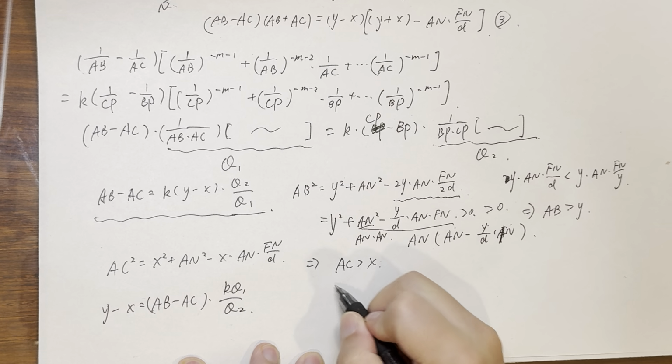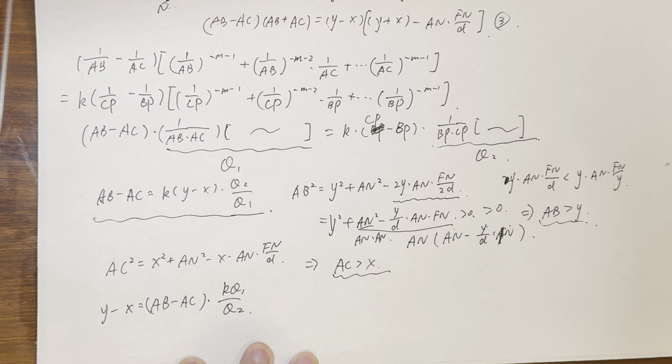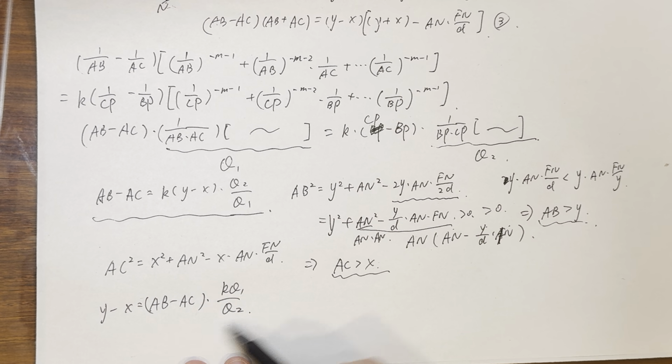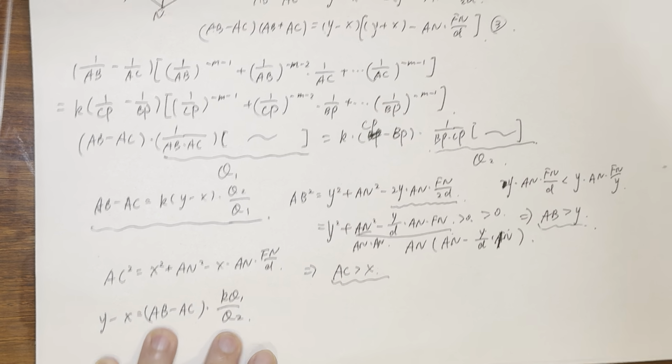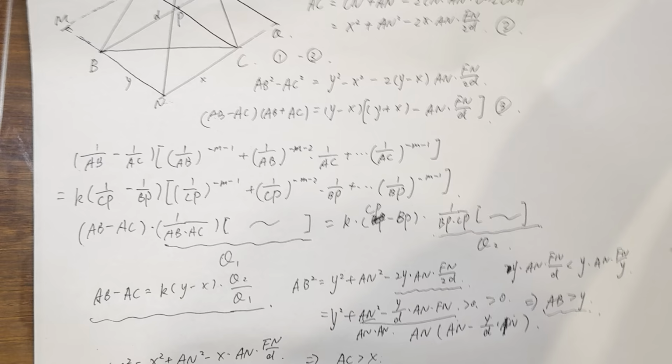Right, so now remember we have all of these conclusions that AB larger than y, AC larger than x, and we have this one. Now we put this one back to our third equation here.